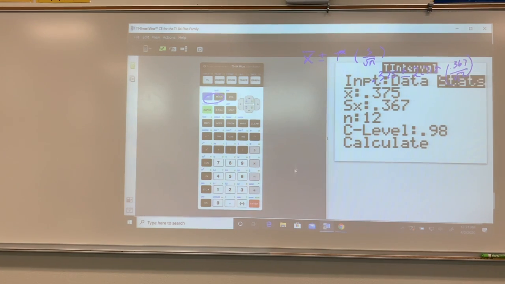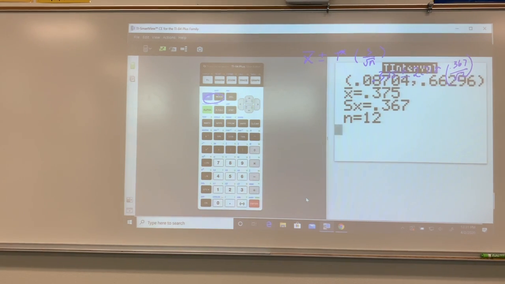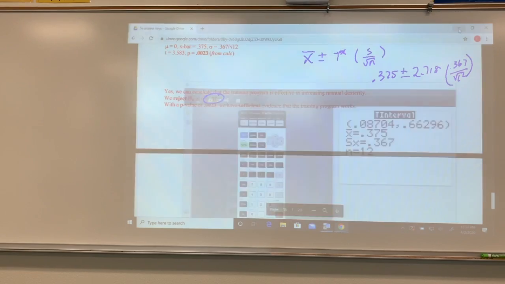And I'm going to go ahead and type in 0.375 was the mean. The standard deviation is 0.367. And then the sample size was 12, and it's 98% confident. And if you calculate that, you get between 0.09 and 0.66.